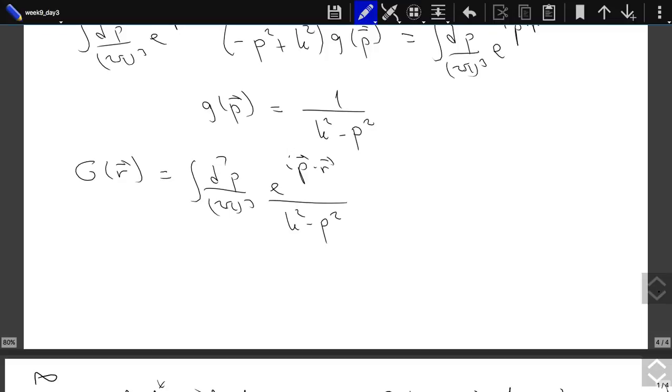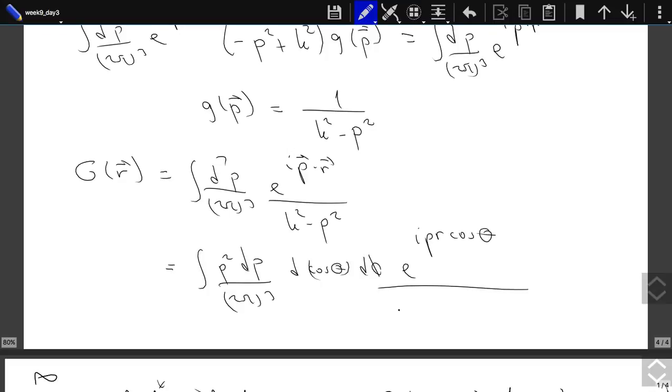We can take the direction of r to be our z-axis. So this just becomes p squared dp over 2 pi cubed, d cosine theta d phi, e to the power i p r cosine theta, divided by k squared minus p squared.